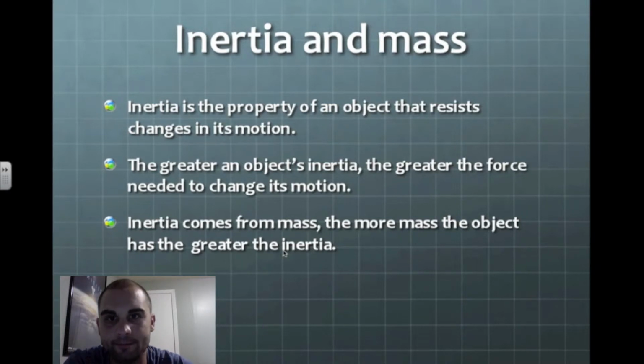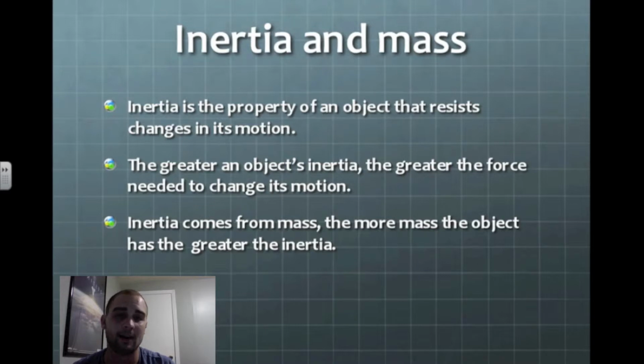So, I mean, let's just talk about weightlifting. If you're trying to bench press, I don't know, 100 pounds, it's going to have more inertia. It's going to be harder to push off your chest than, let's say, 40 pounds. All right, it has less mass. It has less inertia.